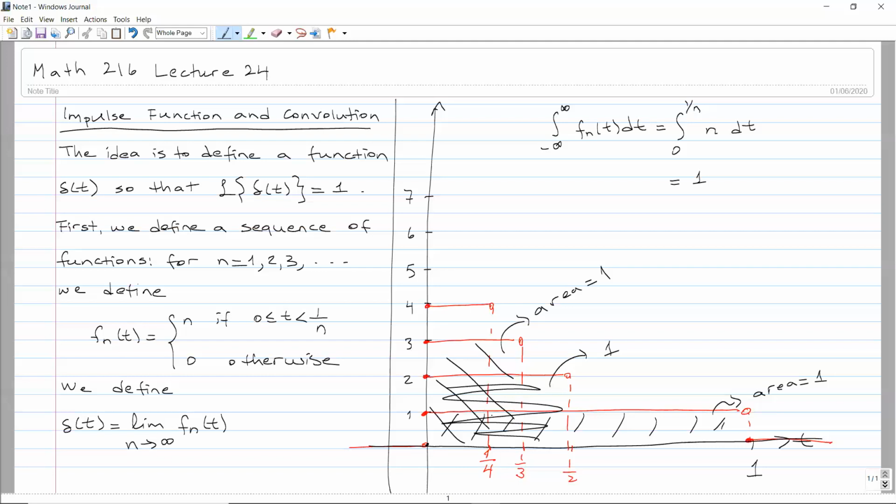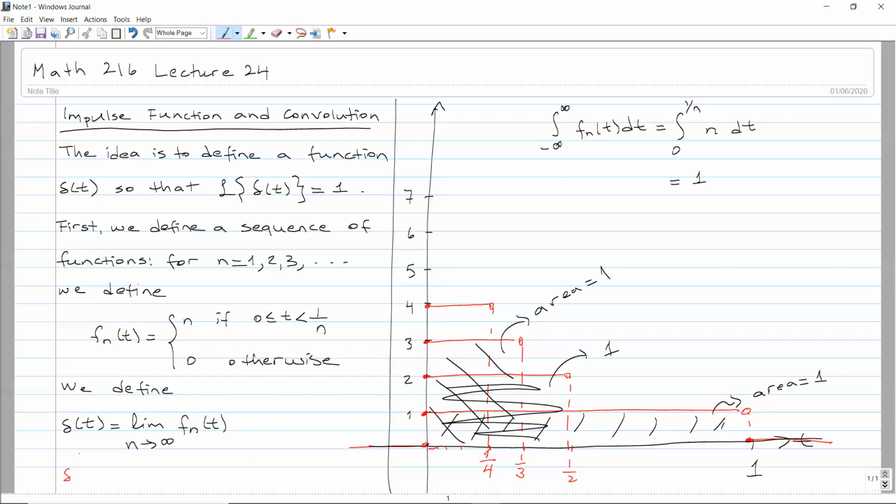So the interval is getting smaller: 1/4, 1/8, 1/16, 1/32, and so on. In the limit, it becomes just one point, just 0, and the value goes to infinity. So this is a weird looking function.